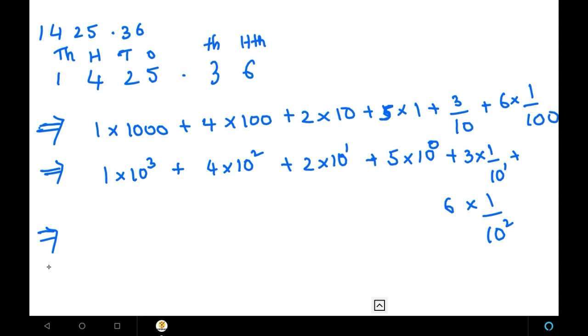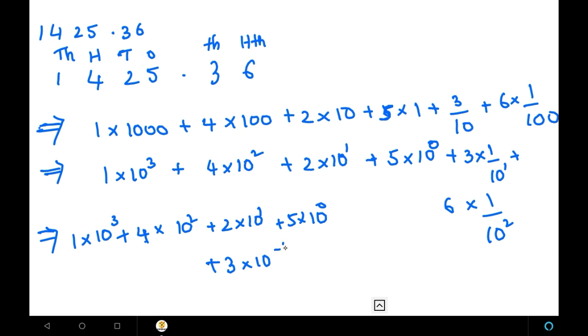We also know that for reciprocals, we can write them using negative powers. Like this, I'm writing from the first: 1 into 10 power 3 plus 4 into 10 power 2 plus 2 into 10 power 1 plus 5 into 10 power 0 plus 3 into 10 power minus 1.